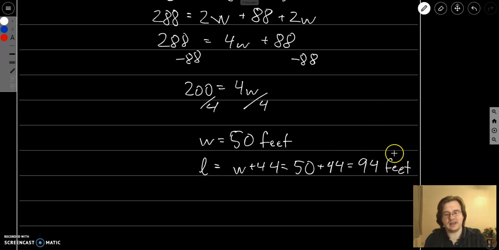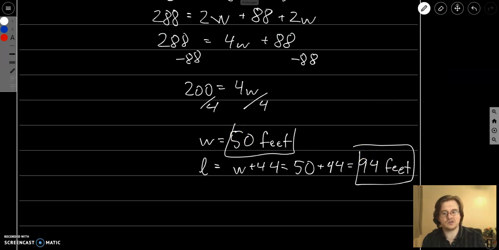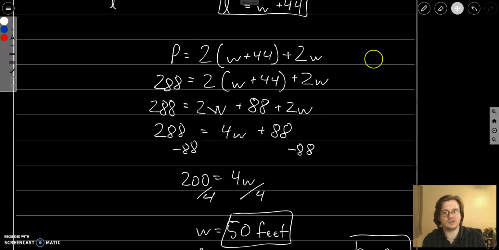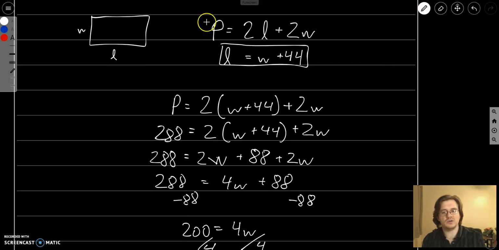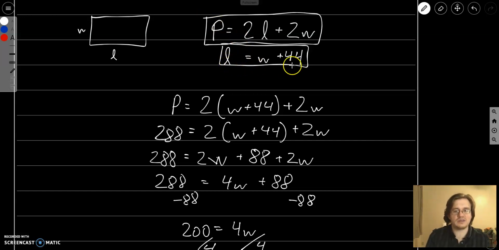So this is, again, fairly straightforward. I think the hardest part here is just going to be setting up the original equations, making sure that we know the formula for the perimeter, and making sure that we know that if the length is 44 feet more than the width, we can write this equation down.